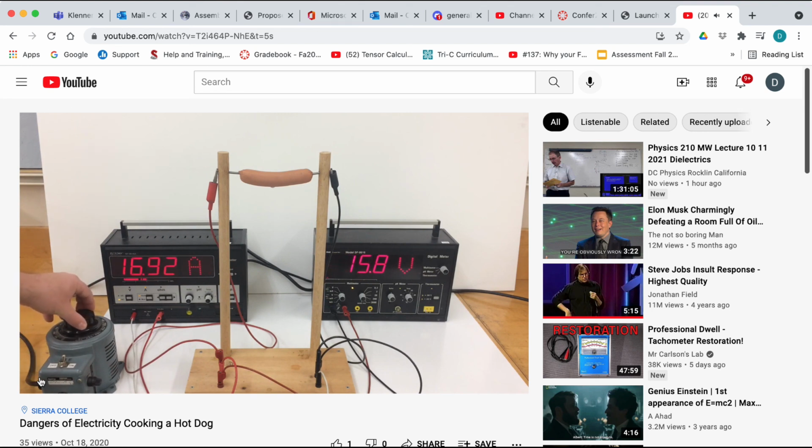So we're going to turn it on, and keep adjusting it. 40 volts, I'm already getting almost 2 amps of current. I can see the top of the hot dog already bulging out.